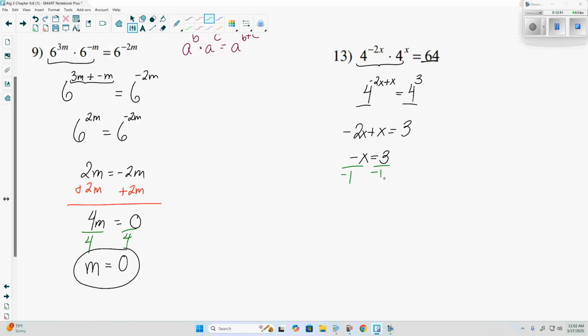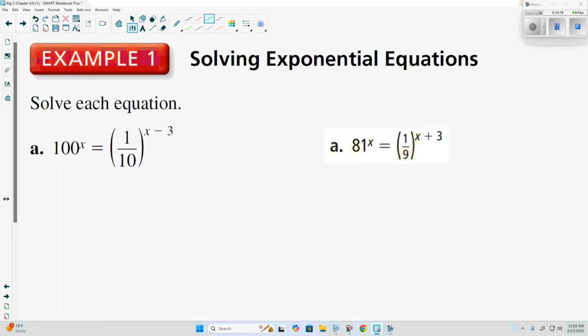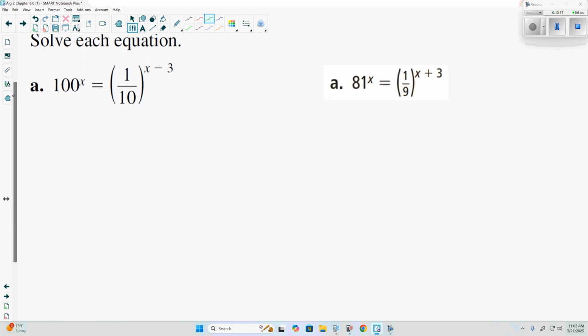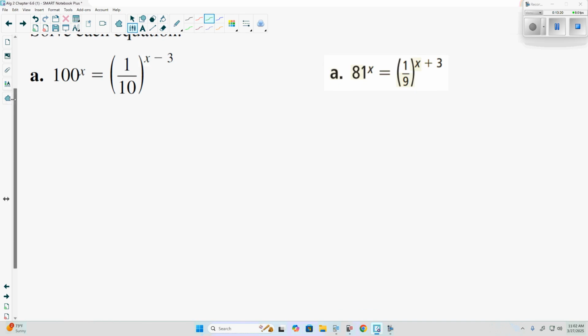We can divide by negative 1, telling us x equals negative 3. Or we could have multiplied by negative 1, and it told us x equals negative 3. Questions on this here? All right.